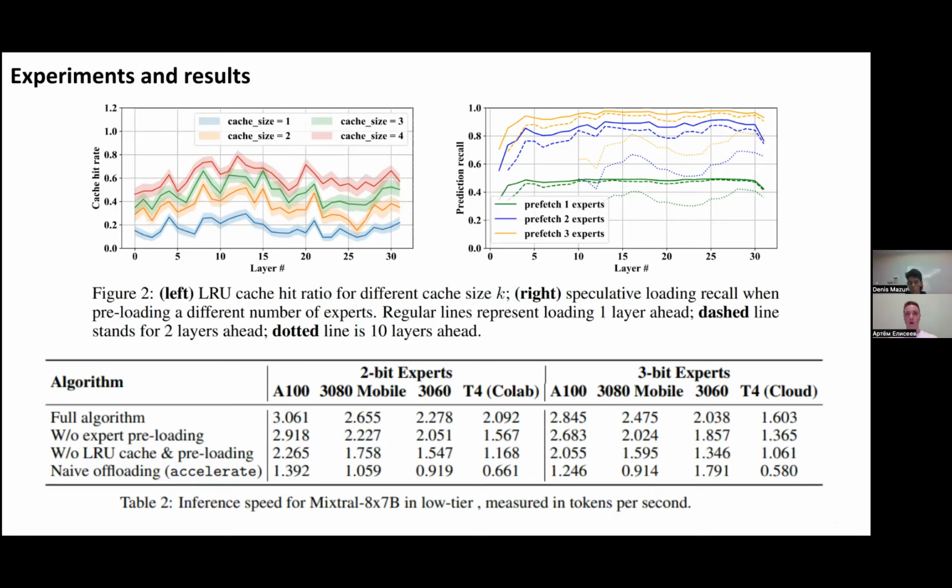We propose a mixture-of-experts-specific offloading strategy and also mixed quantization, which speeds up the inference almost 4 times. And using these techniques, you can run Mixtral, which is a very good language model, on Google Cloud or on your laptop with a decent speed and quality. I think that's all. If you have any questions, we would be glad to answer them.